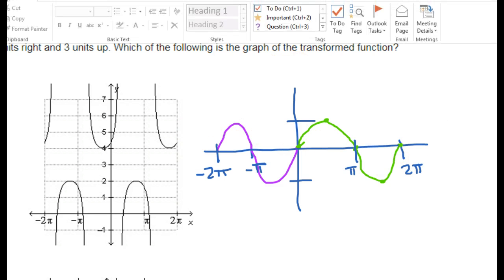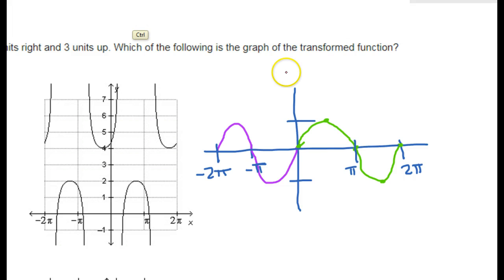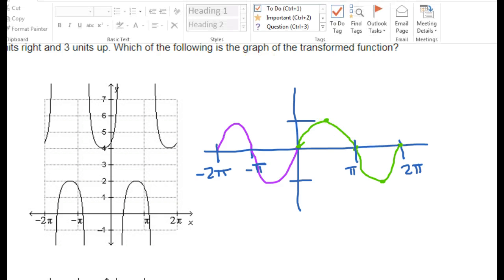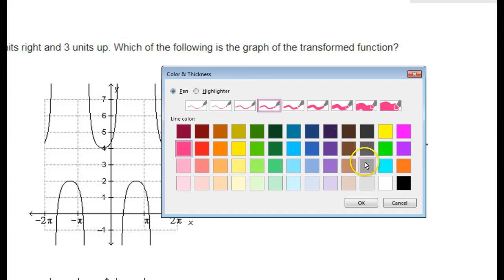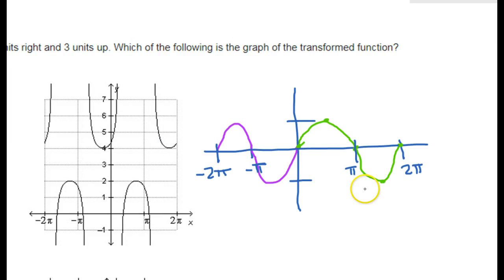Obviously this is a really rough sketch, but this is a sketch of the sine function. Now, the way the cosecant function works is, first of all, there are asymptotes in here. I think I'll use gray for my asymptotes. There are asymptotes wherever the sine function touches the x-axis. So there should be an asymptote right in the middle, right here.